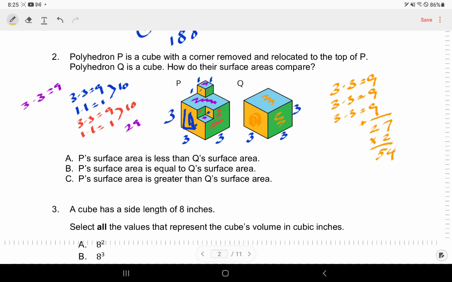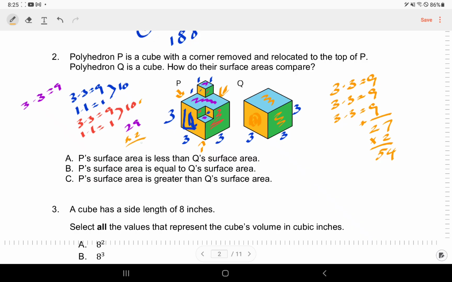Well, when I take P and I look at the backside, that's going to be another 10. When I look at this side here, that's going to be another 10. When I look at this side, that's going to be another 10. When I look at the bottom, that's going to be another 9.